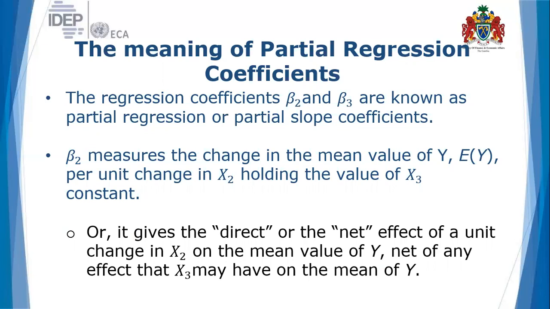Beta 2 gives the direct or net effect of a unit change in x2 on the mean value of y, net of any effect that x3 may have on the mean of y.